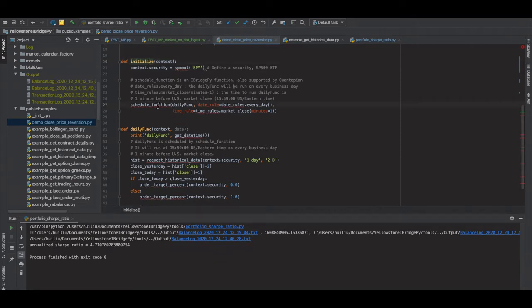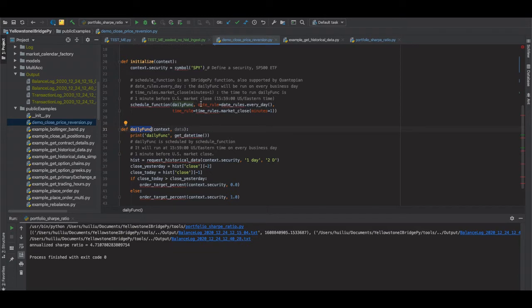There's an IBridgePy function called schedule_function. This function schedules other functions to run at specific times. In this example, it takes three variables. The first one is daily_function, which is the function name that we want to schedule to run at some time.